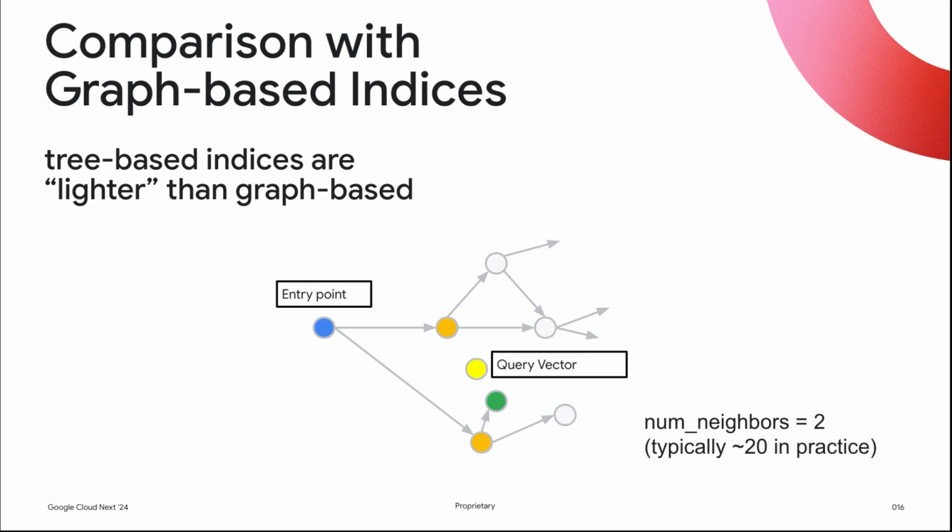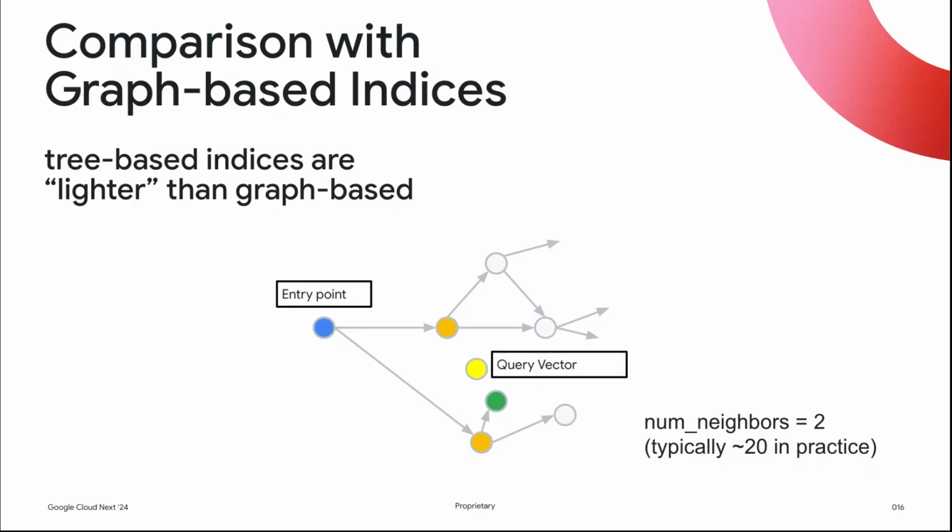Each vector corresponds to a node in the graph, and given a query vector, when you're basically saying, hey, find images that are close to my query image, what is happening is that there is some entry points in the graph, and the algorithm starts moving to nodes, that is vectors, that are closer to the query vector, and it basically stops when it cannot find anything that is closer.